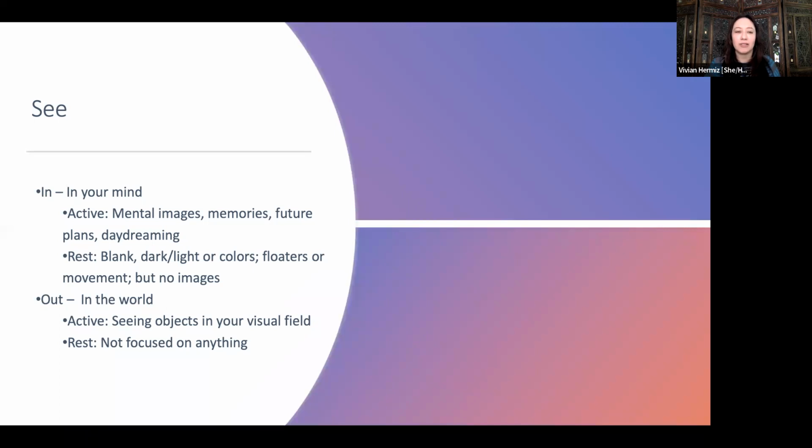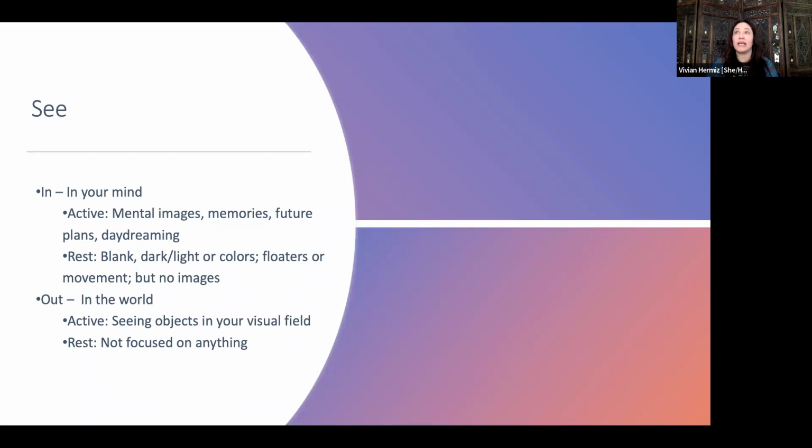You might see colors, you might see floaters or movement. It might even be just blank, but no real images. The former we classify as an active state, where you're actually pulling up images, and this kind of shaded screen, maybe even a gray screen without any images, is one that we refer to as rest.